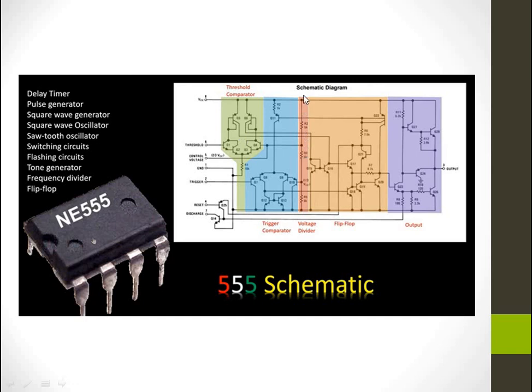The third part, this vertical line, is called the voltage divider, where 3 resistors of equal values are connected, and it will divide the voltage. This is a flip-flop, an SR flip-flop, and this is the output stage. So it is the schematic diagram, and we are going to discuss a simplified block diagram of the schematic.